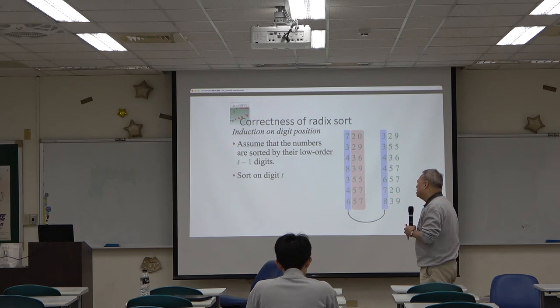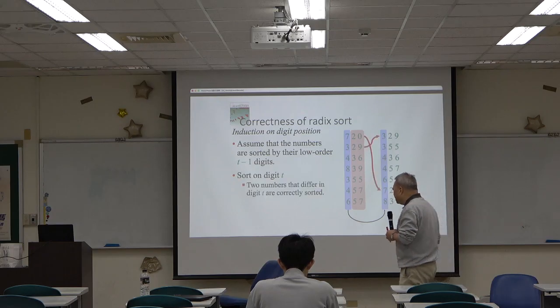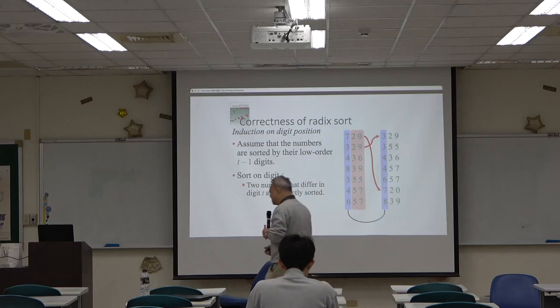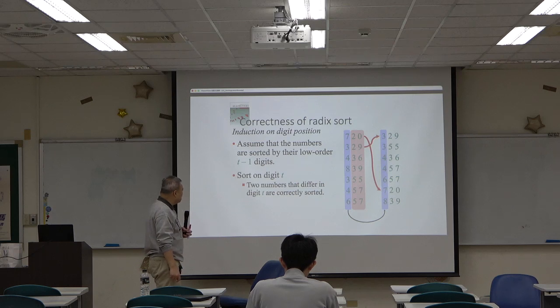So the top one is the induction hypothesis. Then when we finish sorting on digit t, can we say that, from the least significant digit to digit t, these numbers are already sorted? Basically, there are two cases to discuss. First, two numbers that differ in digit t.